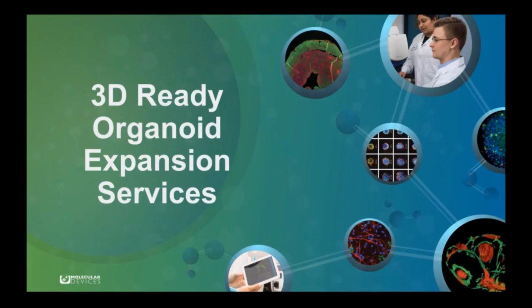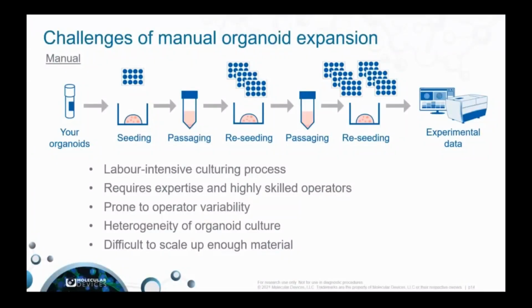And so to introduce our new organoid expansion services, this is something that we're really excited about, and we really think it provides a viable alternative to scale up of organoids in the laboratory. When we think about the manual process of scaling sufficient organoid material to perform screening experiments, it requires a lot of steps of passaging and reseeding.